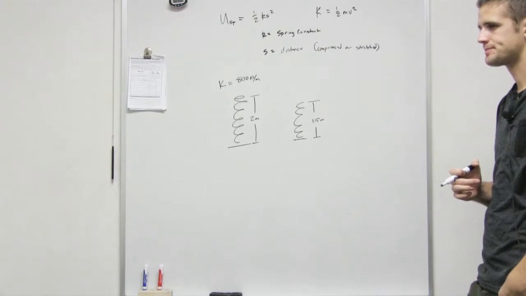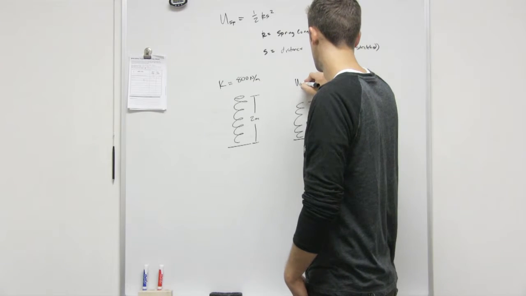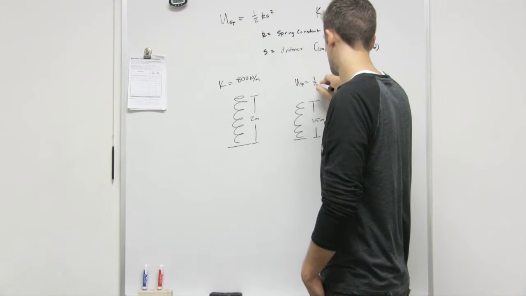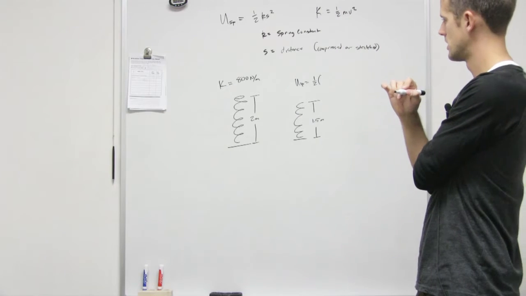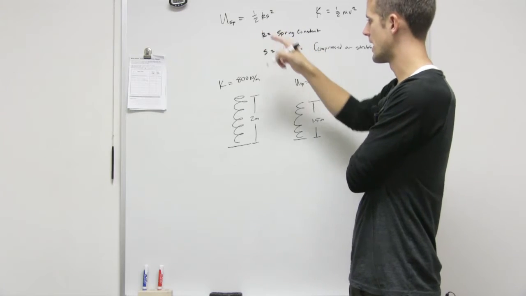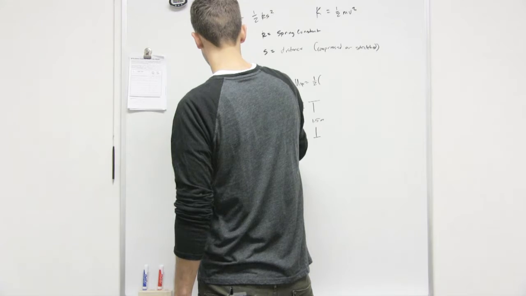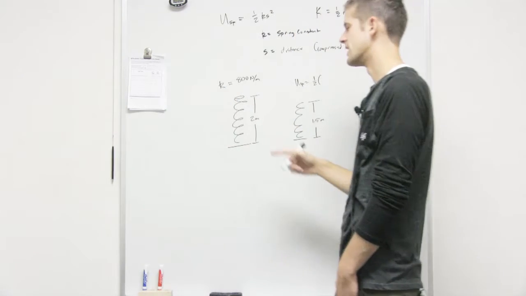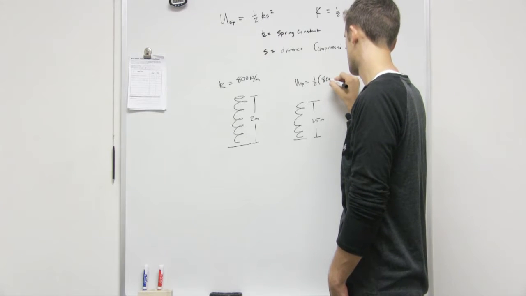Please do 1/2 times k, so 800. That's just a constant, the spring constant. It's a lowercase k.